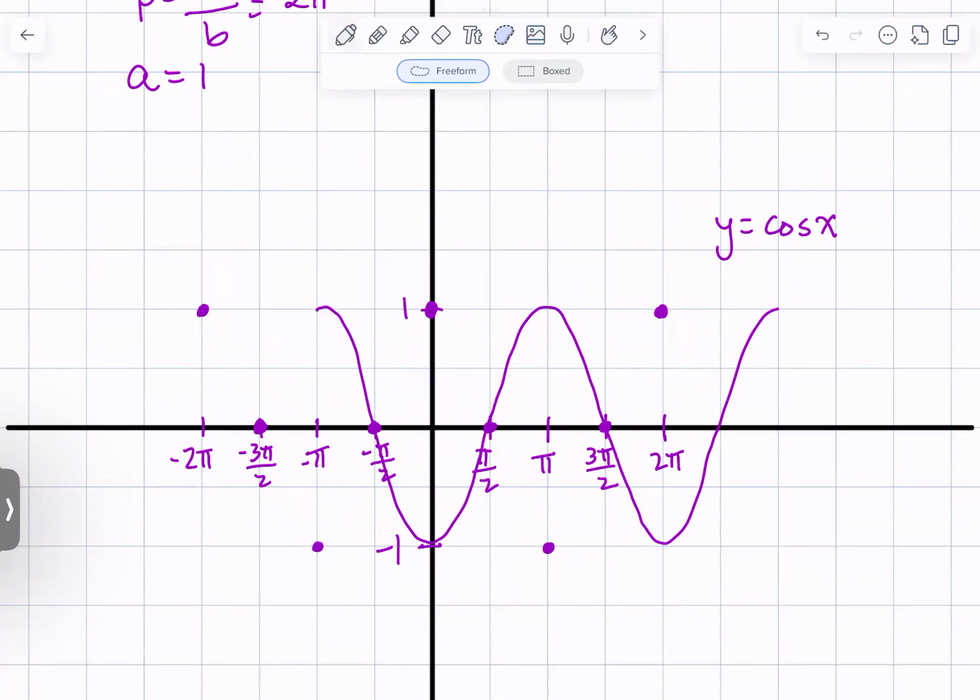So if I shifted it pi units long, this guy here should be 3 pi. Because if this is 2 pi, this is 4 pi over 2. This is 5 pi over 2. This would actually be 6 pi over 2, which is 3 pi. Okay?